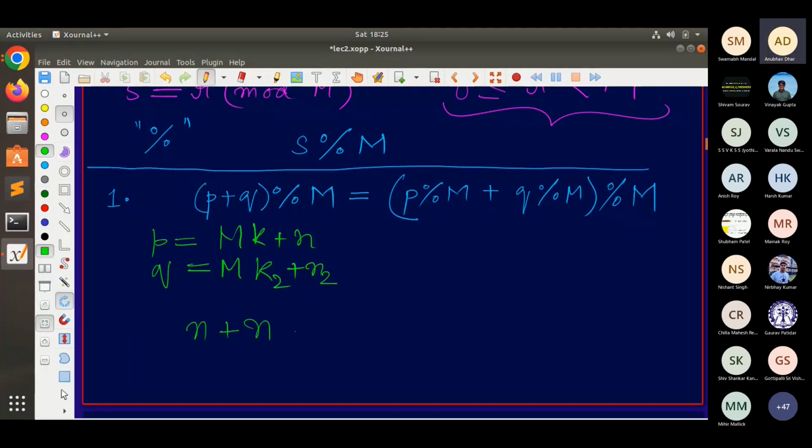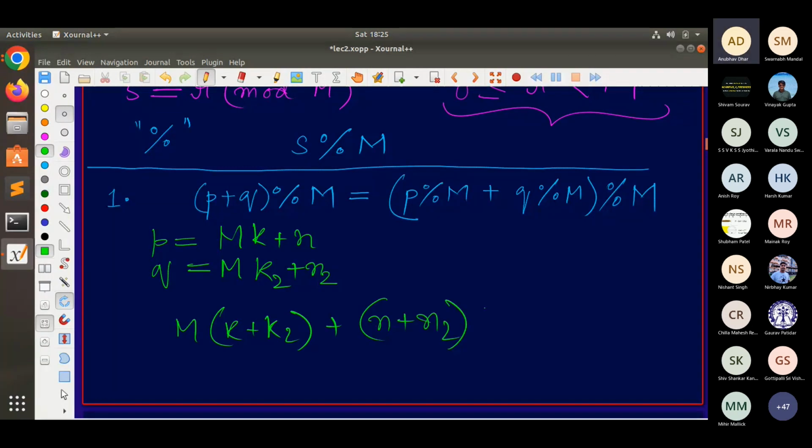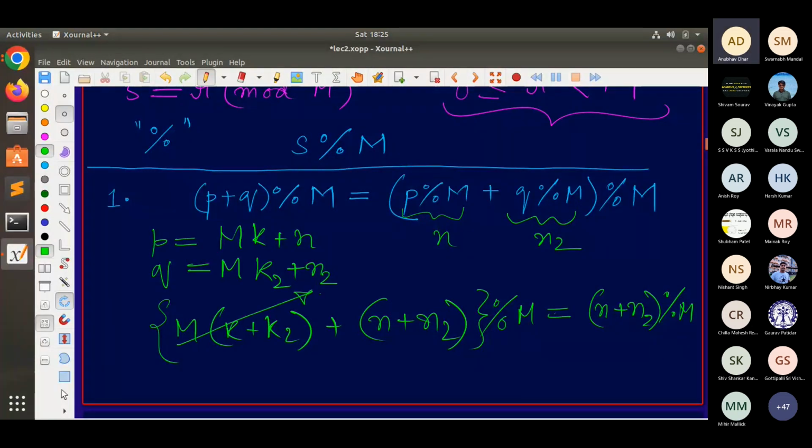So it's n plus n2 percentage m, and that's totally fine. So the key observation is multiples of m are ignored in the modulo operator, right? So basically you get n plus n2 percentage m on both sides.